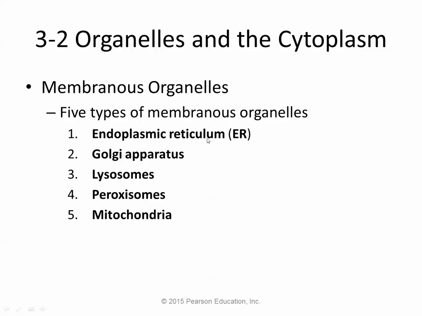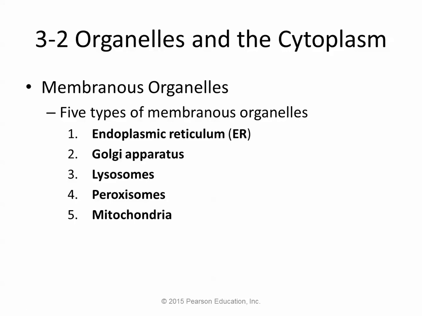The endoplasmic reticulum, as we've said, is where things are assembled. In smooth endoplasmic reticulum, you have lipids and carbohydrates being made. In rough endoplasmic reticulum, you have proteins being made. Then you have the Golgi apparatus, which is the packaging center.